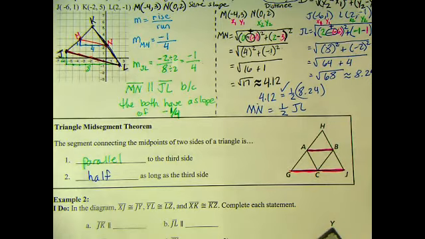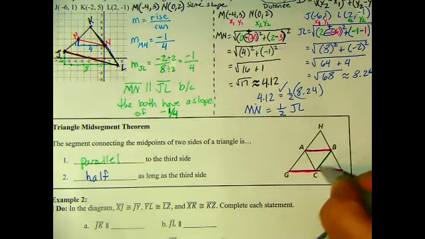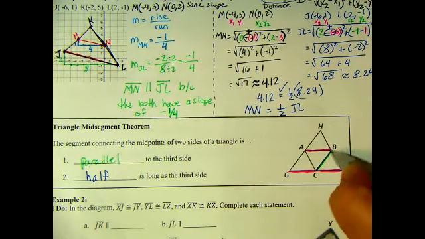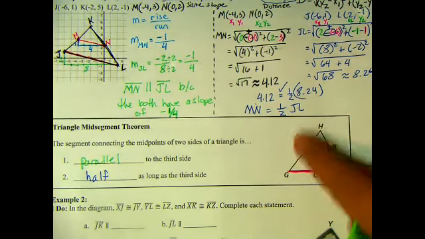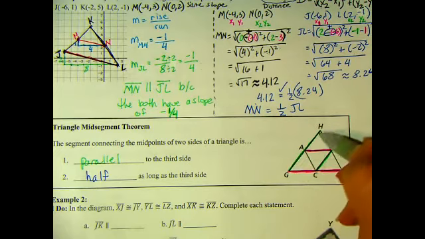That's the first one. Second one here, midsegment BC. Midsegment BC is parallel to and half the distance of the third side GH or HG.